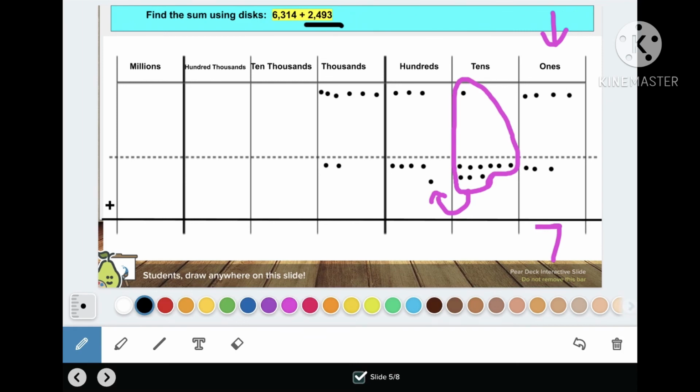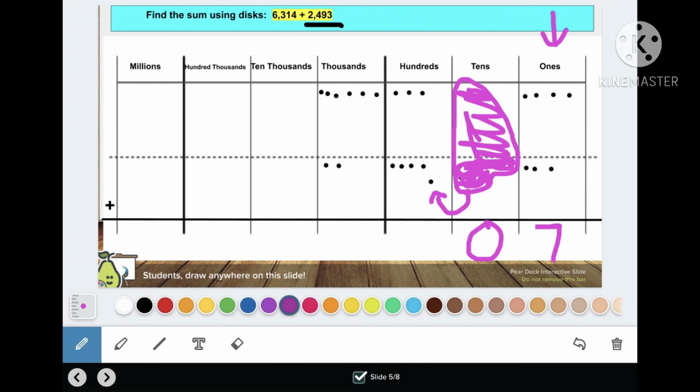That's right, only 1. And these discs are now gone. How many tens do I have left? That's right, I don't have any tens left. I have 0 tens left.